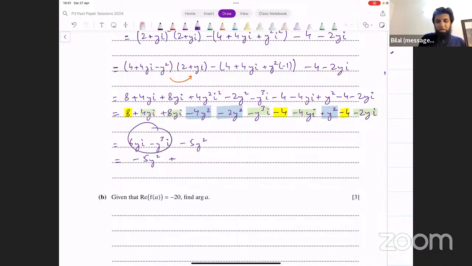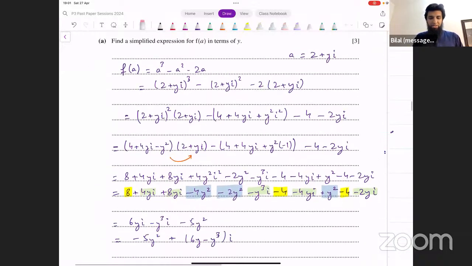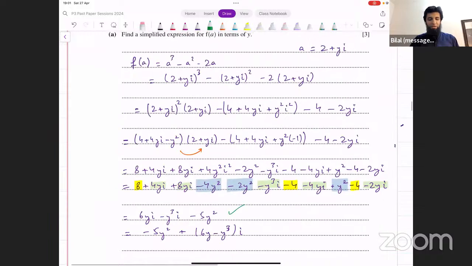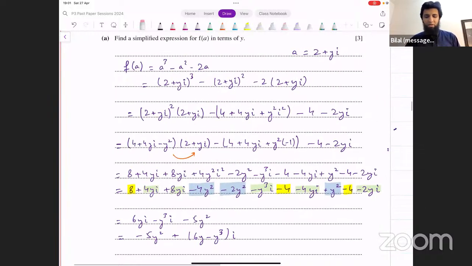So this thing could be written as 6y minus y cubed into iota. But it's not necessary to write it like this. You can leave it like this as well, and that's perfectly okay, because they just want a simplified expression in terms of y. Okay, that's the first part. It's just about making sure that you're not making any careless errors and you're careful about plus minus signs.